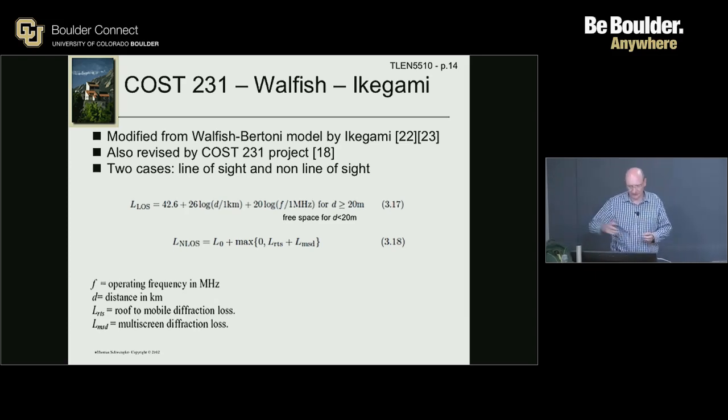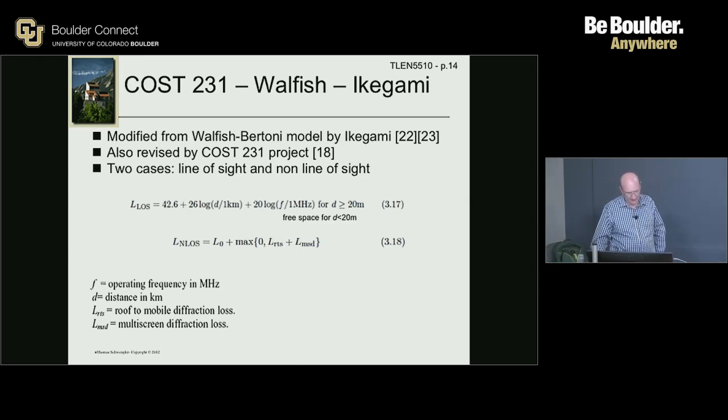But after that 20 meters, it's that. So it's a two-slope model, if you will. There's a little free space region, and then instead of 20 log D, it's 26 log D. So it's a little worse than free space, which would be 20 log D.